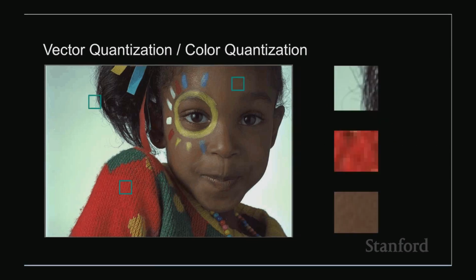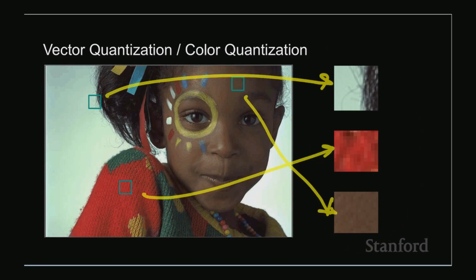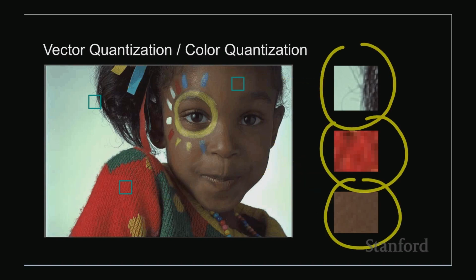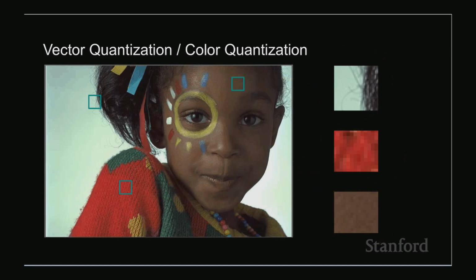And this is an example. These are just zoomed shots from the image. This is this spot, this is this spot, this is this spot. And you can clearly see that a lot of these pixels are highly correlated.